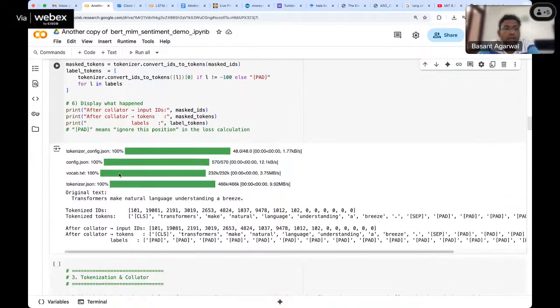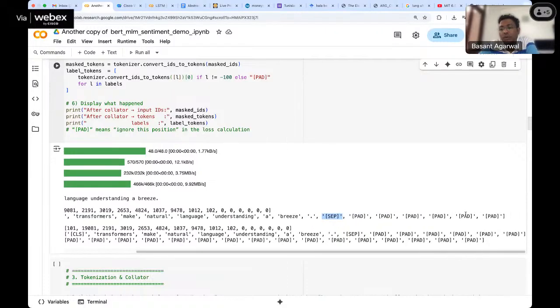So let's see what we are getting for this sentence: Transformers make natural language understanding a breeze. First is the tokenized IDs. It starts with the first token, which is the CLS in BERT. If you remember the theory, the first token is always a CLS token, and the separator is a special token which indicates the ending of the sentence.